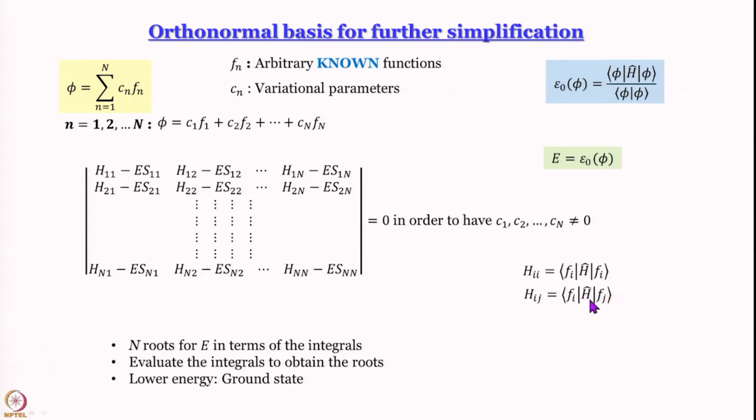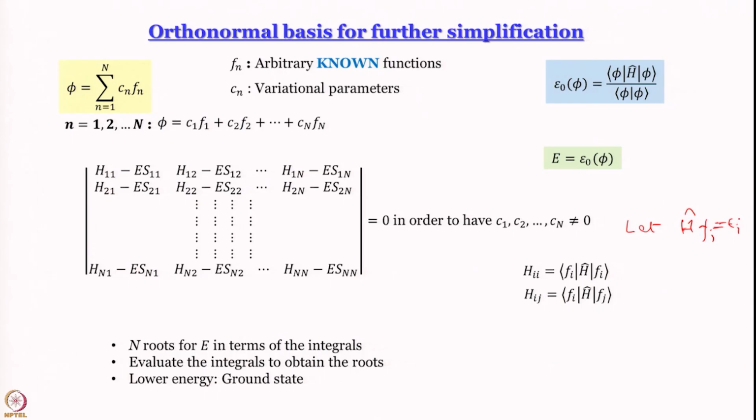I am choosing eigenfunctions, so I will write the others as well. Let us work with this Hij. Hamiltonian operating on fi gives me epsilon i fi.